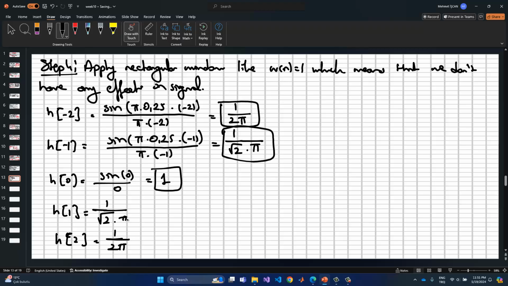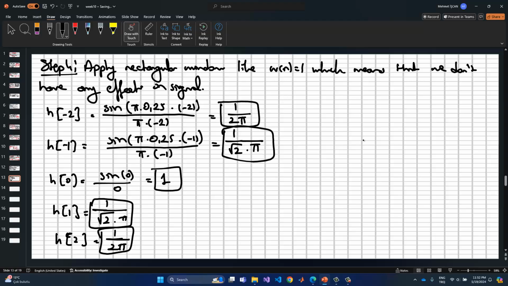This is the simple case for designing the FIR filter or calculating the FIR filter coefficients for a given rectangular window, because in each case we multiply by 1, 1, 1, 1, 1.